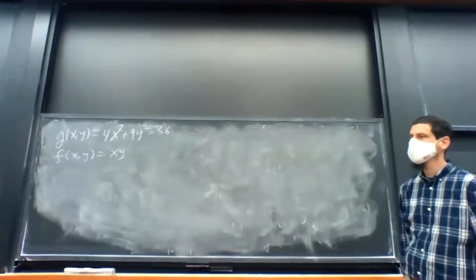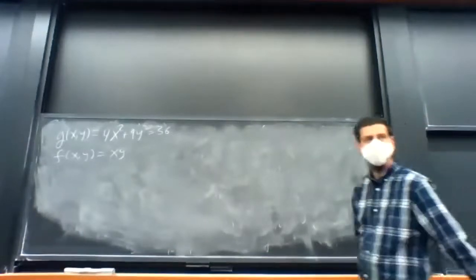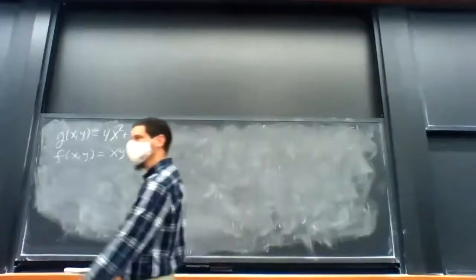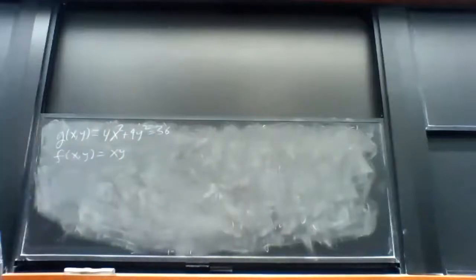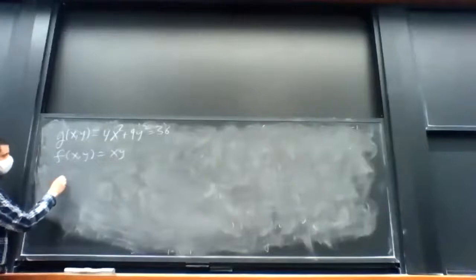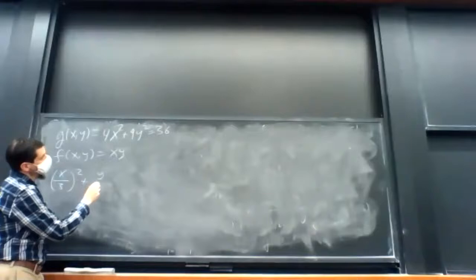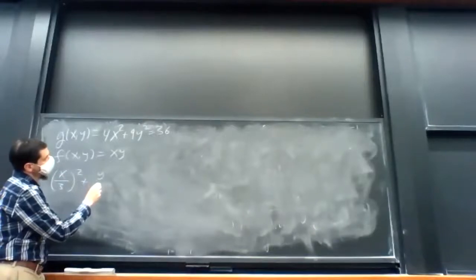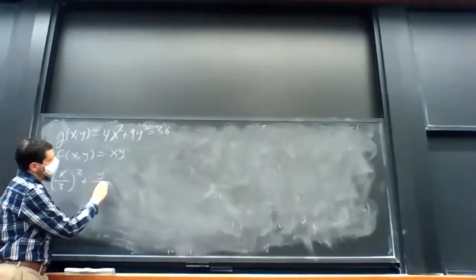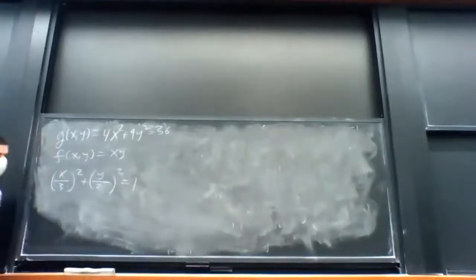What kind of curve is 4x squared plus 9y squared equals 36? It's an ellipse. If I divide both sides by 36, it's the same as x over 3 squared plus y over 2 squared equals 1.